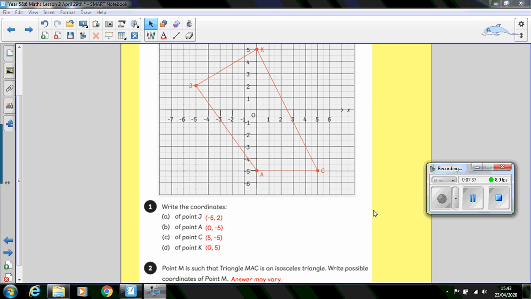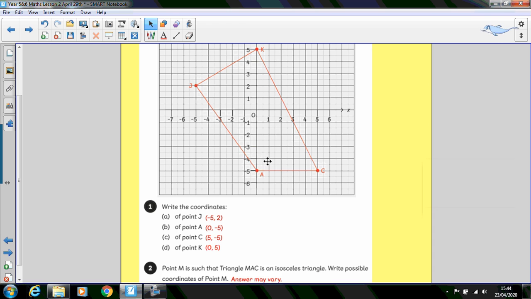Okay, so here are the answers. They're fairly easy to look through, but I'm just going to go through this answer here. It says point M is such that triangle MAC is an isosceles triangle, and the answers may vary. Now I know that this side is 1, 2, 3, 4, 5 squares long, so I could have another side that is 5 squares too. So let's draw in a line here that is 5 squares along.